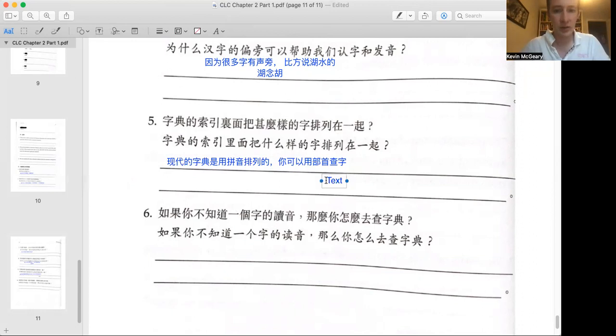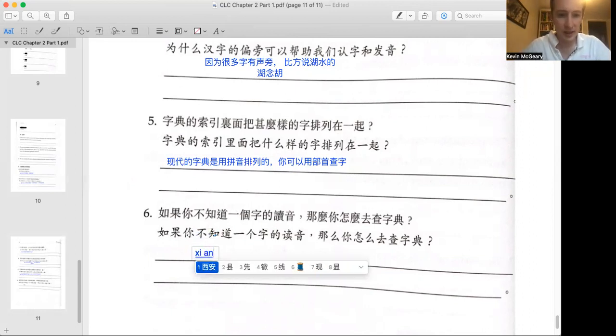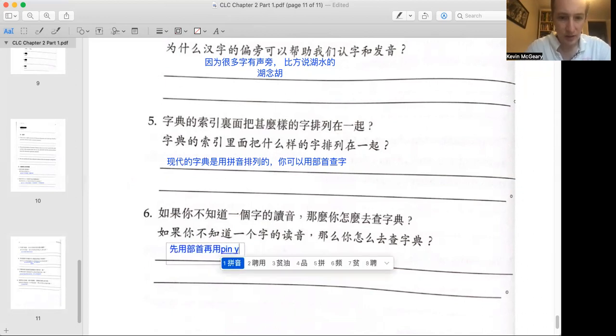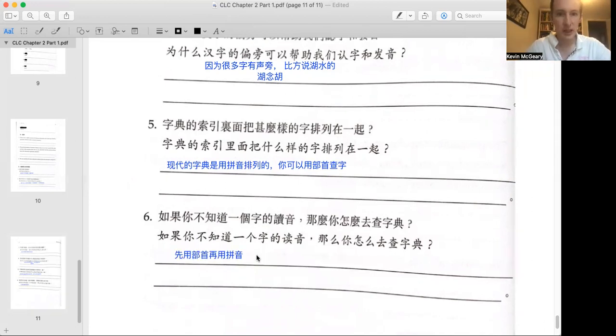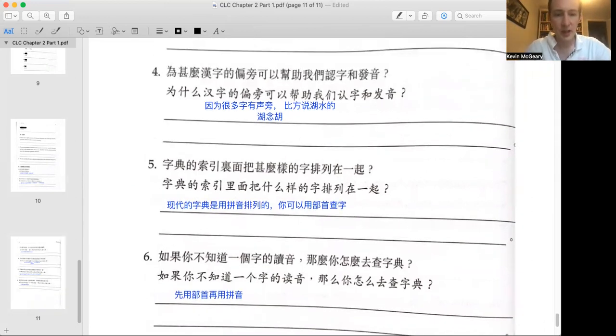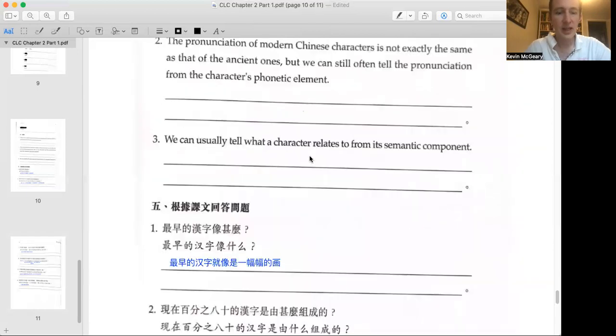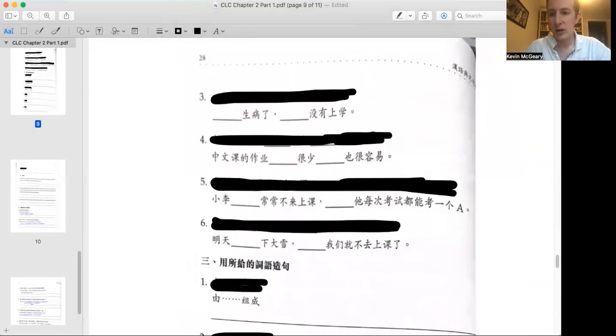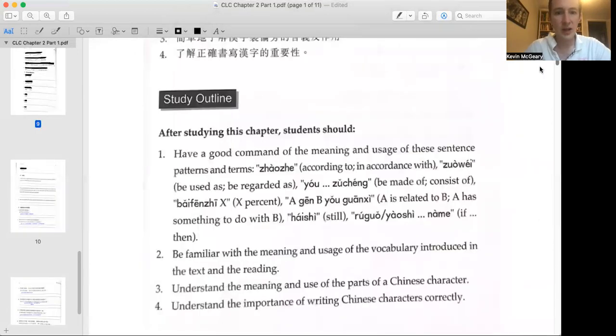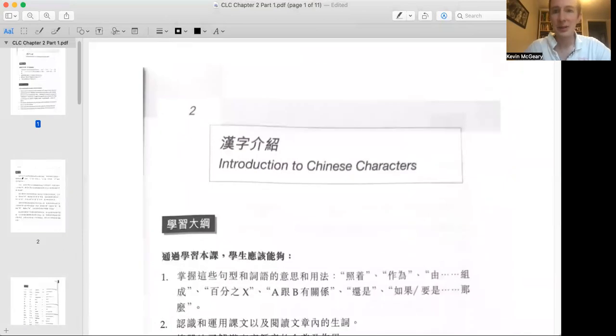So let's just answer this with 先用部首再用pinyin. So first use the radical and then use pinyin. So we'll leave it there. But it's a brief overview into the Chinese writing system and the origins of it. And there are more of these to come.